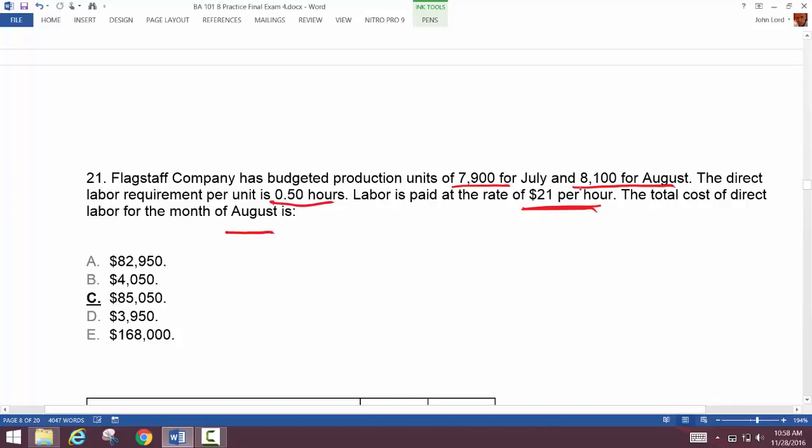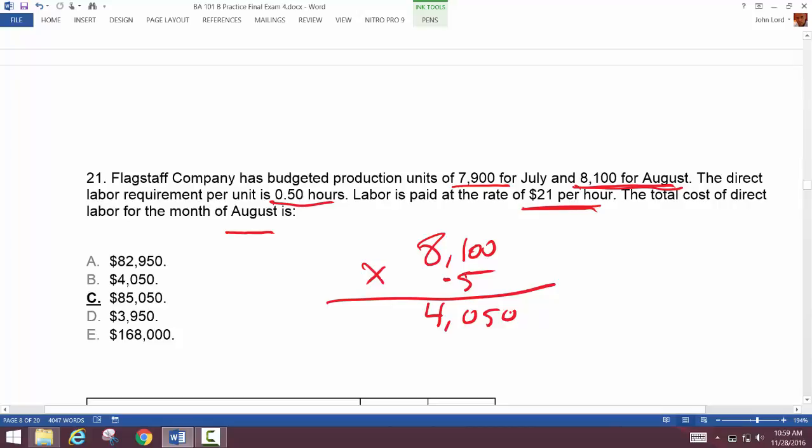August. Well, if we're going to produce 8,100 units in August, and it takes a half hour per item, what's that give us? 4,050, I mean. Like that? Okay, 4,050 times how much per hour?